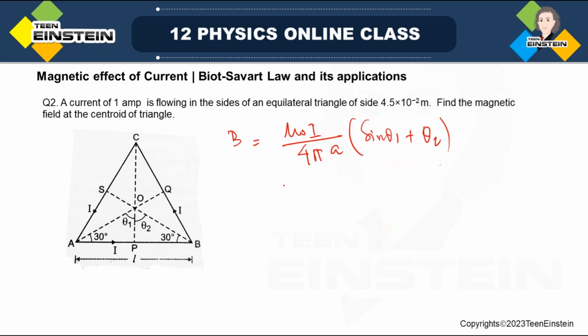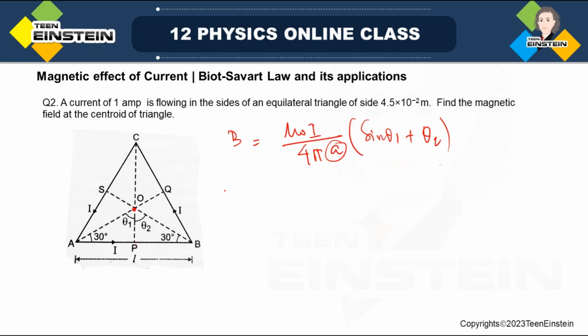So here, let us consider this side AB. To solve this problem, we have to find out the magnetic field at the centroid. So first of all we have to find out the distance. What is this A in this case? L is given.